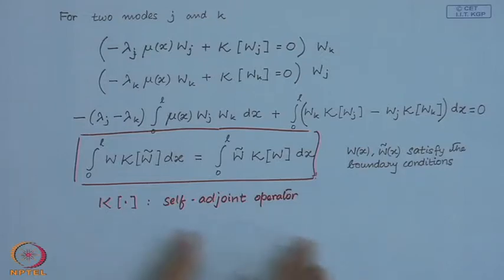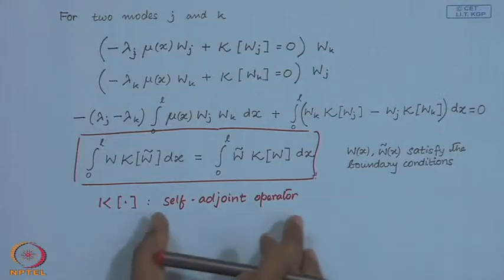Now, this self-adjointness of an operator is connected to symmetry. As you know, this stiffness operator has a corresponding matrix. For example, in vibrations of discrete systems, you have come across the stiffness matrix.